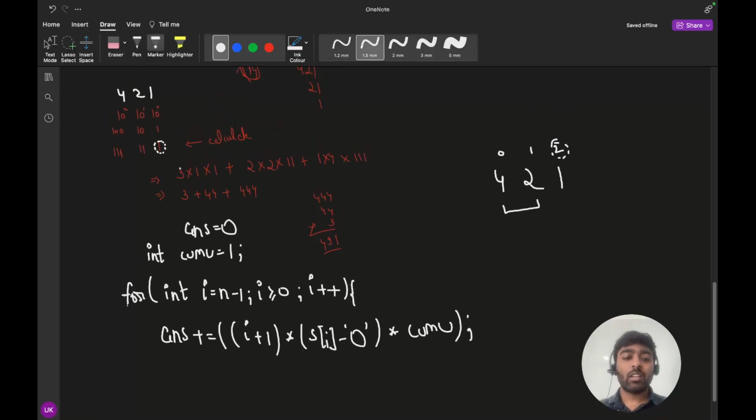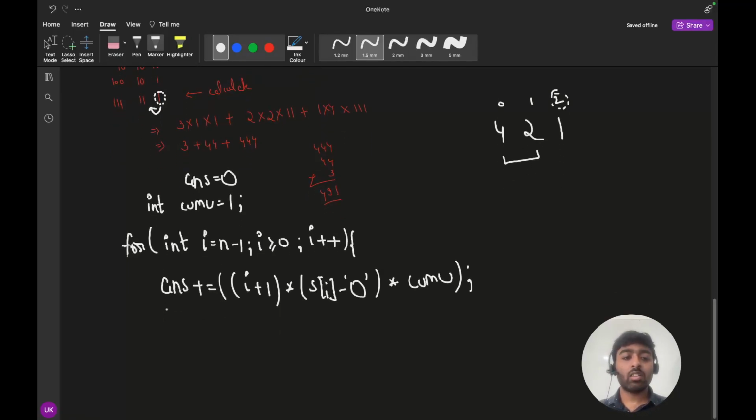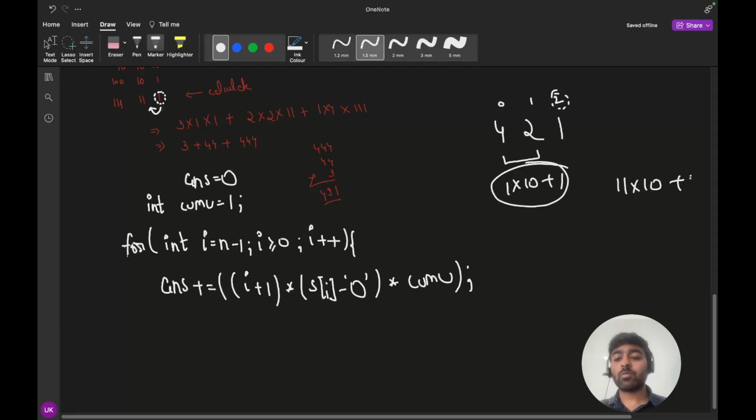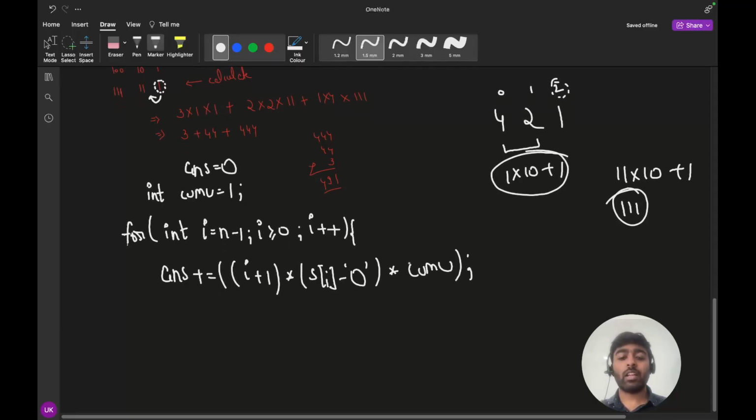After this, when I reach the next index, my cumulative will be multiplied by 10 plus 1, because 1 into 10 plus 1, next time it will be 11. For this, 11 into 10 plus 1, next time it will be 111, like this.